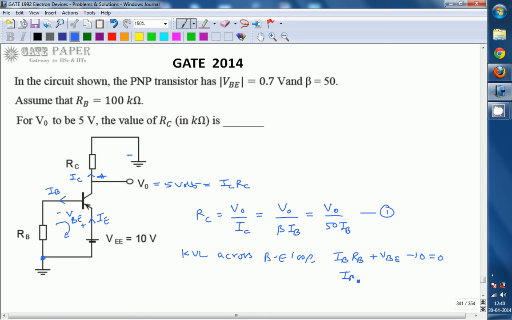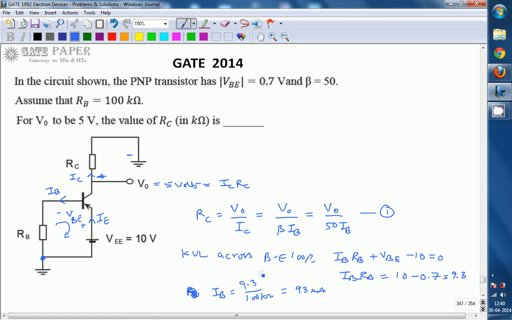So IB RB is equal to 10 minus VBE, which is 10 minus 0.7, nothing but 9.3. So IB is equal to 9.3 divided by 100 kilo ohms, which you can write as 93 microamperes.